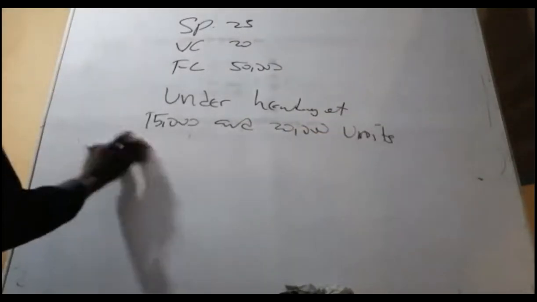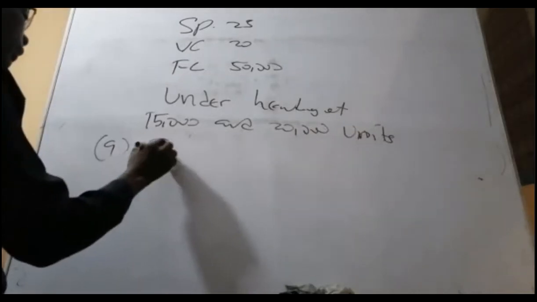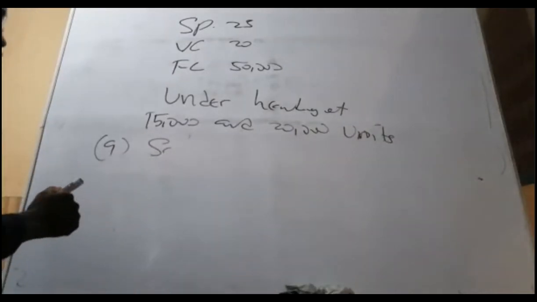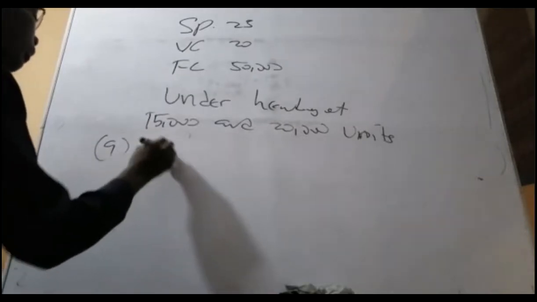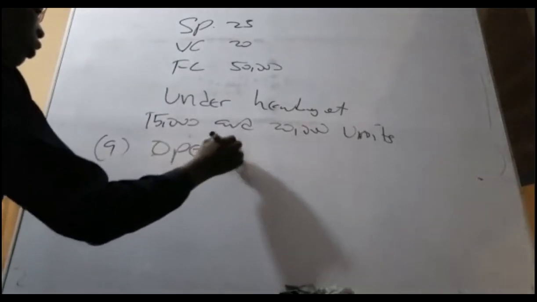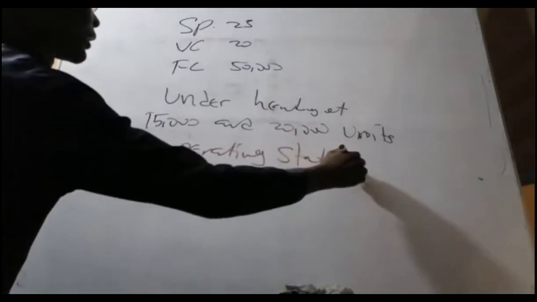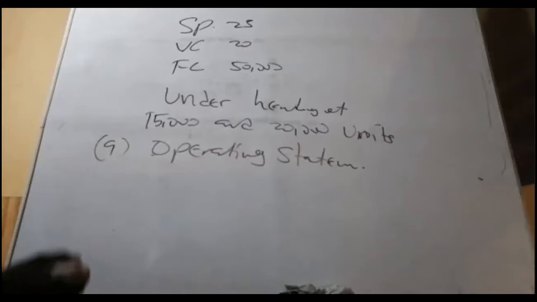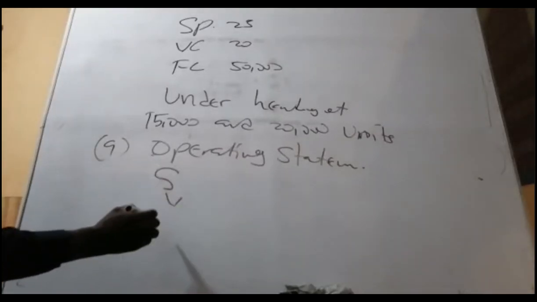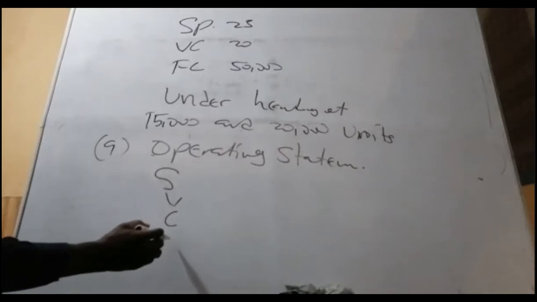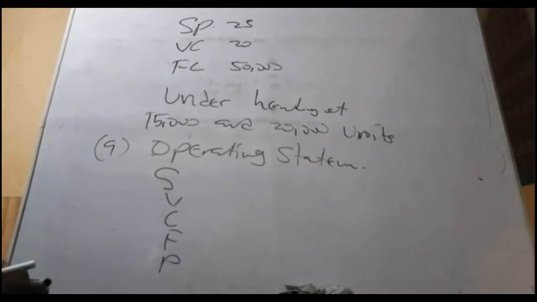Produce the following. One, I need the sales revenue. I'll prepare the operating statement. Operating statement means we need sales, variable cost, your contribution, your fixed cost, your profit. That is what you're looking for.